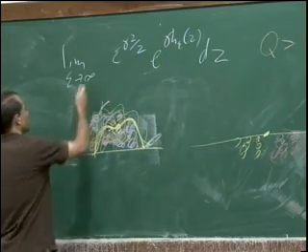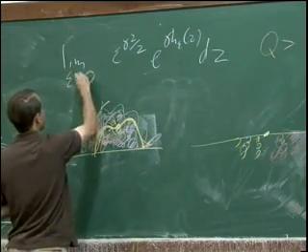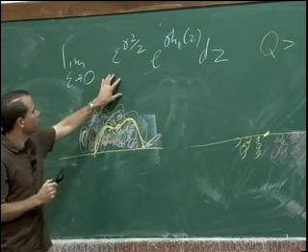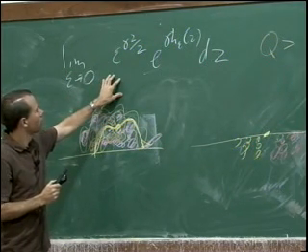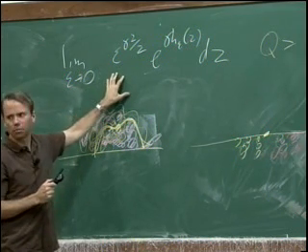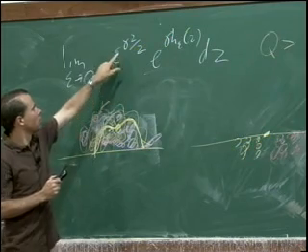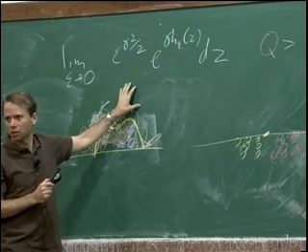Epsilon goes to 0, yes. Thank you. This random measure converges to 0 almost surely if you take gamma equal to 2.